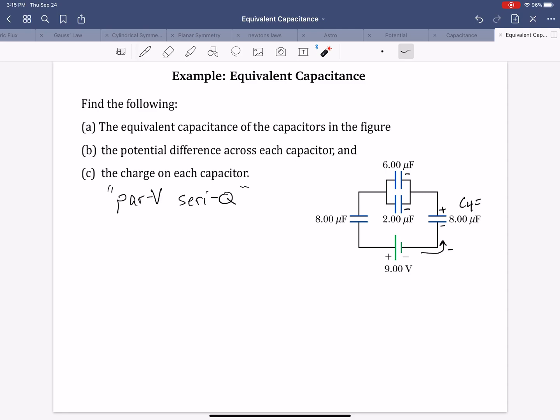So the right plates, for now what I'll call capacitors 2 and 3, the right plates are negatively charged. That induces a positive charge on the left plates.